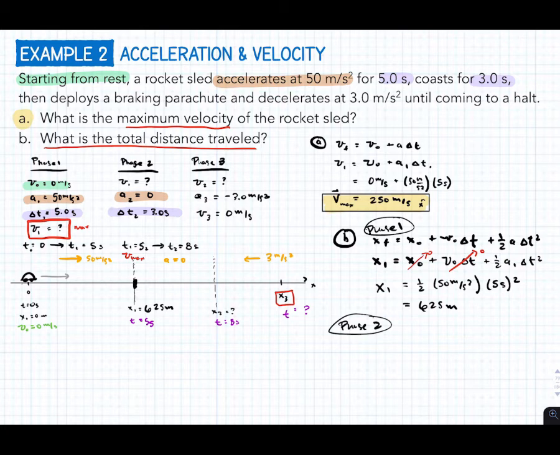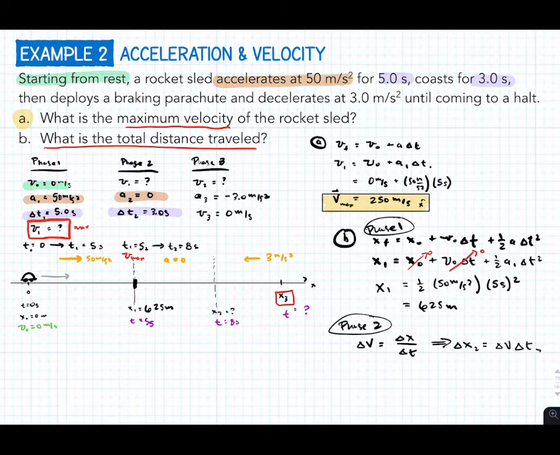It's a constant velocity. So we know that for constant velocity, v is equal to delta x over delta t. Because it's a constant velocity, we can write it that way. It's not a derivative, okay? So we can solve for this. So delta x2 is going to be v delta t2.